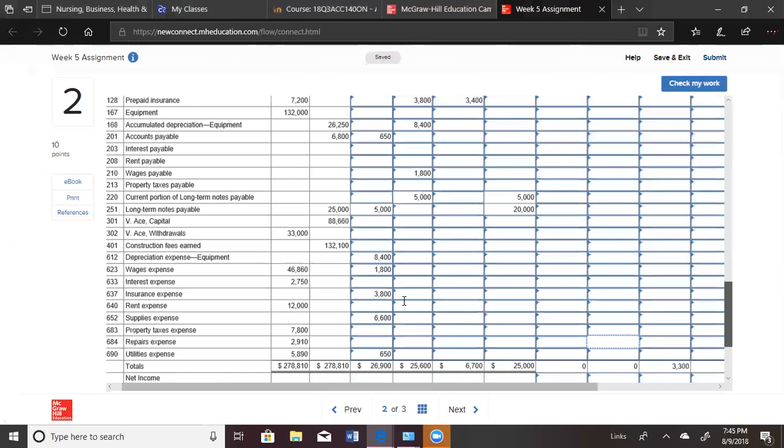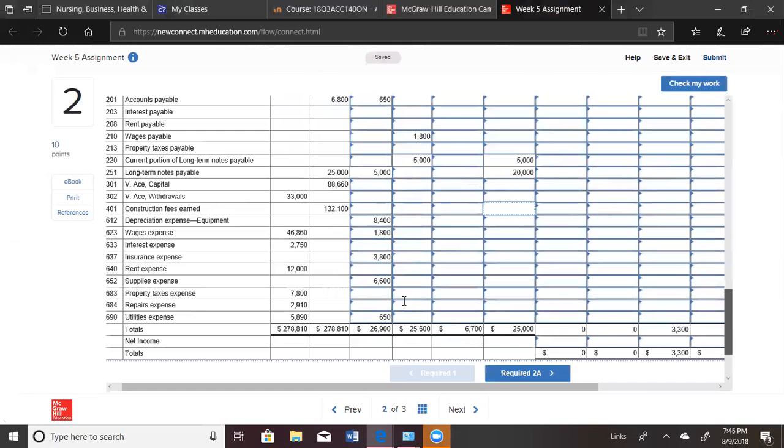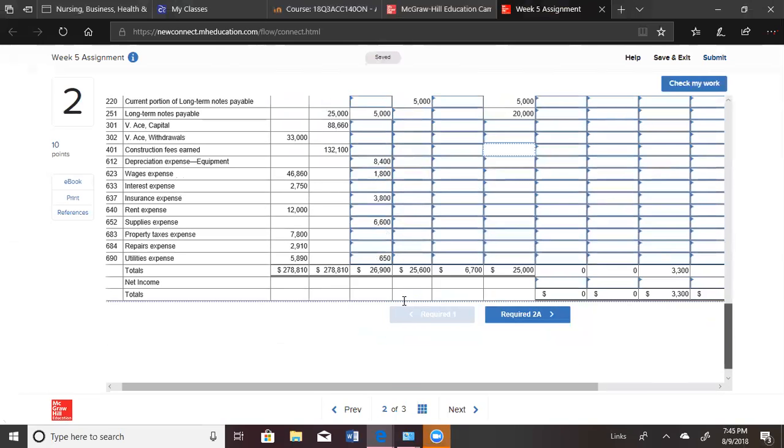I am. Okay, so you did a debit in accounts payable and you did a debit of $650 for utilities expense. Both of those should not have been a debit. And I know that because this is not balanced. I don't know.